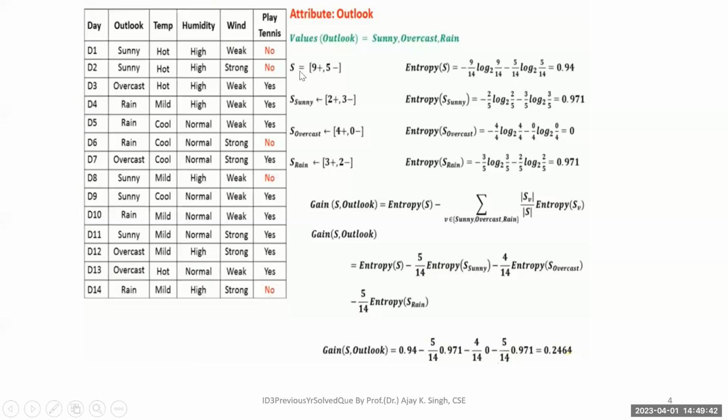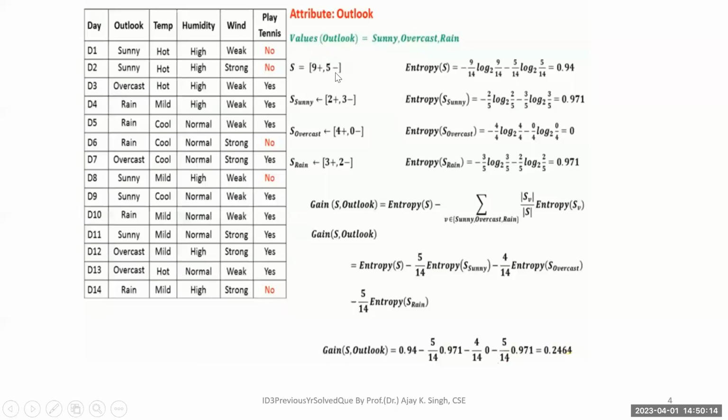So let's see. We are supposed to find the entropy of the system. What is the disorderness of the system? System means we are going to take only the output, play tennis. Total 14 days are there, from day 1 till day 14. Now, total number of no: how many no's are there? 5. 1, 2, 3, 4, 5.